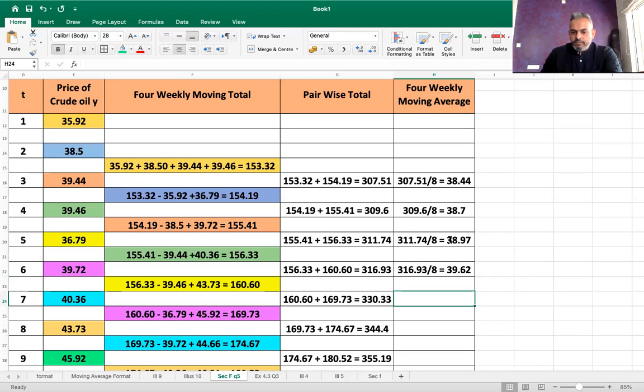330.33 divided by 8 is equal to 41.29. Then 344.4 divided by 8 is equal to 43.05.